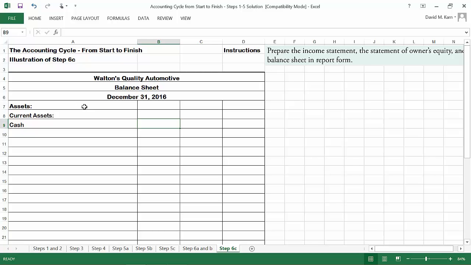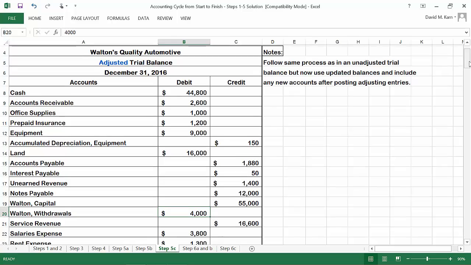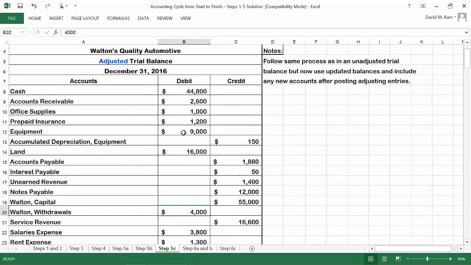We'll put cash for $44,800, and again I'm just getting these off of our adjusted trial balance. That's a thing to remember I didn't really mention earlier. Make sure that when you're preparing the financial statements, you're definitely using the adjusted trial balance figures.